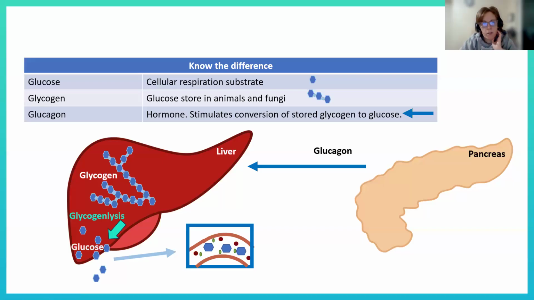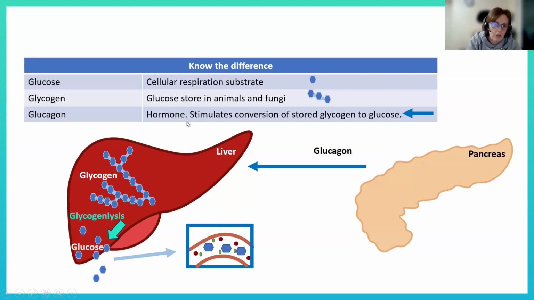So quite a few names that sound quite similar here. Glucose is the substrate for cellular respiration. So glucose plus oxygen reacts in a very big pathway to give us energy, to release energy. Then we've got glycogen, which is how glucose is stored in animals and fungi for that matter.